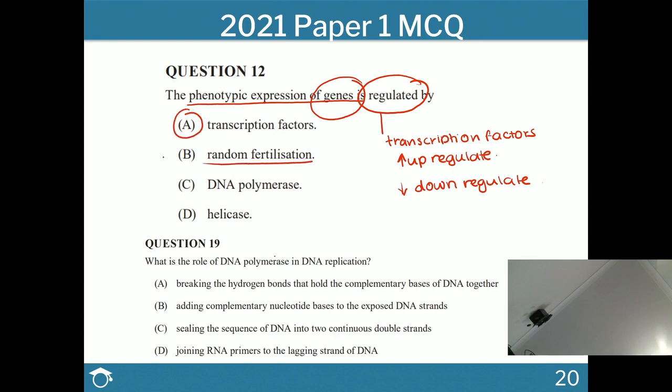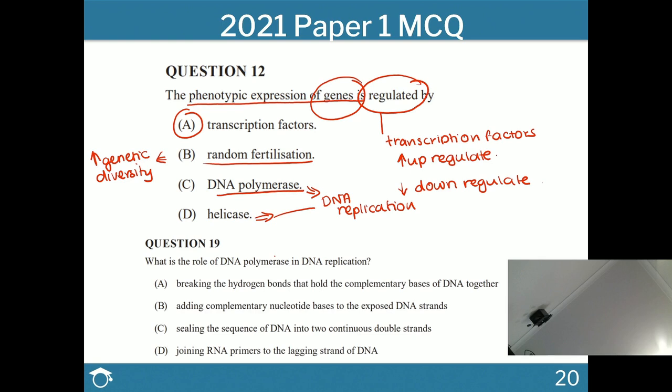Random fertilization is used to promote genetic diversity in meiosis. DNA polymerase is used in DNA replication. And so is helicase. So the only thing that is relating to gene regulation is transcription factors.